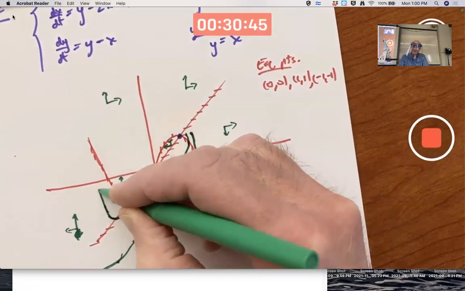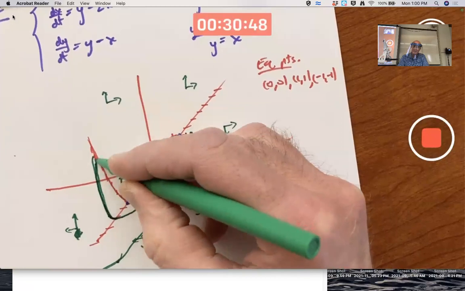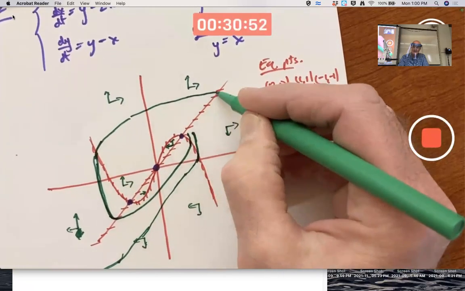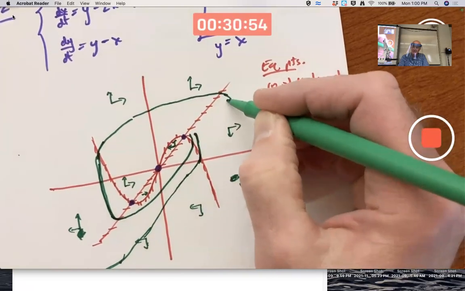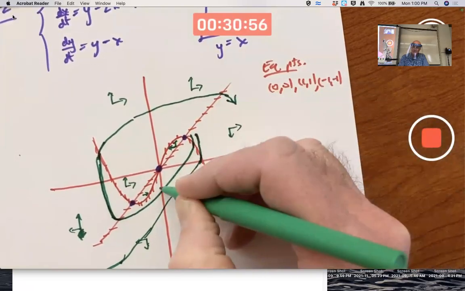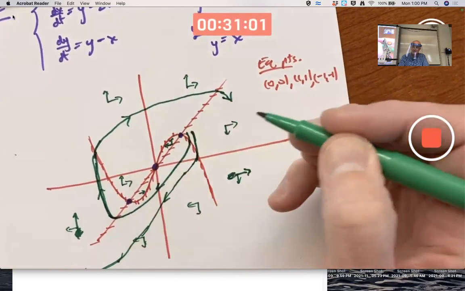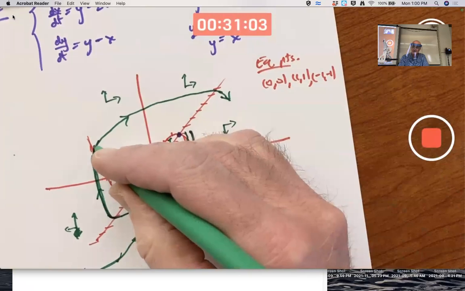And continuing to draw these solutions and crossing null lines appropriately. You know, this is far from perfect. What's good about it? One thing that's good about it is I'm crossing null lines correctly, or trying to at least decently.